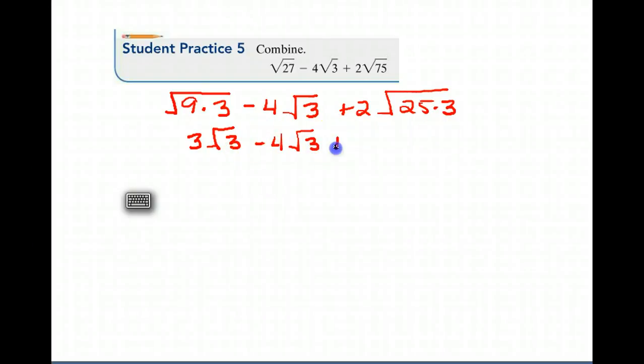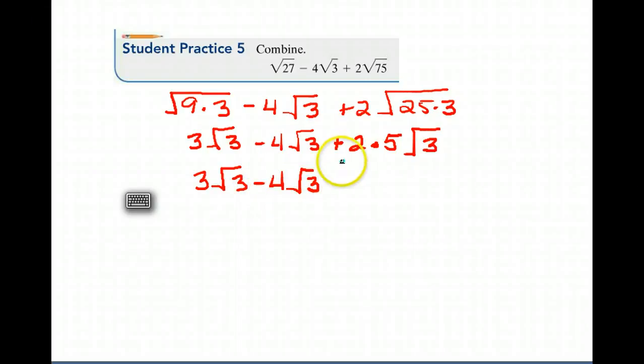And then as we evaluate the square root of 25, we have to remember to multiply it by that coefficient of 2. So we're going to have 2 times 5 square root 3. We have to take care of that multiplication, so I'm going to rewrite all of this so that I don't forget about it. 2 times 5 makes 10 square root 3.